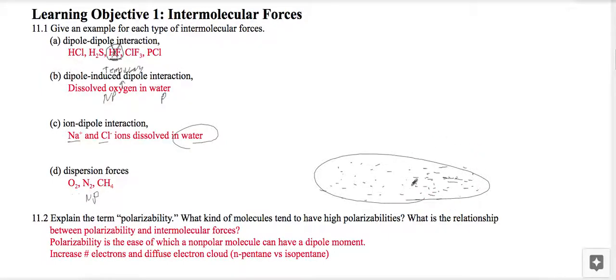We have more of them over on this side, so that makes this side more negative and this side more positive. So we end up with a nonpolar molecule that has a polar moment. The larger the molecule, the more easily these electrons are able to get pushed to one side. This happens if you put it next to a polar molecule, or it happens on its own. And we can have induced dipoles working with other induced dipoles, thinking about liquid nitrogen as the example there. This also talks about the diffusion of the electron cloud.